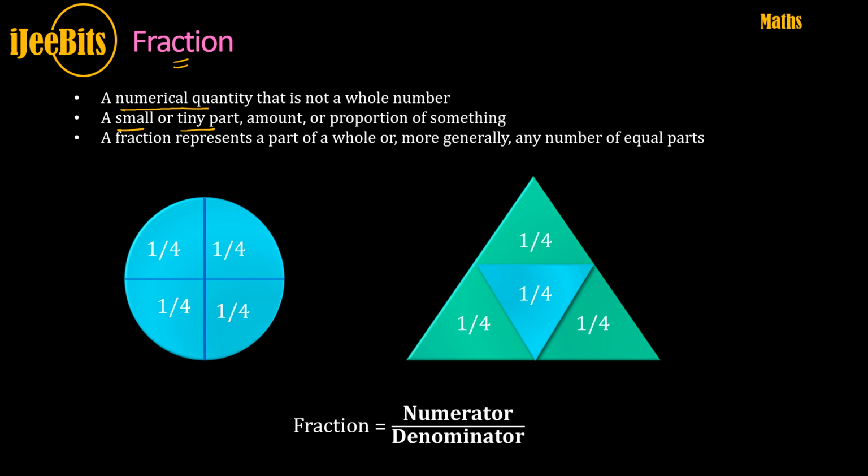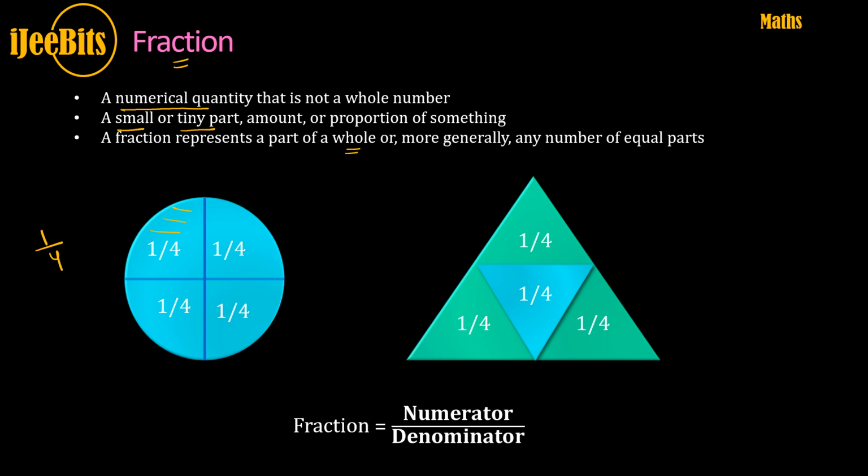Let's say I have the whole portion. If I divide it equally, then this small portion would be my fraction. I divided this total quantity into 4 parts. How many parts am I trying to represent? If I represent this area, then I say 1 in 4.